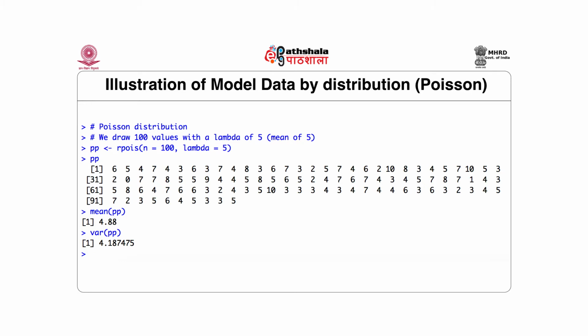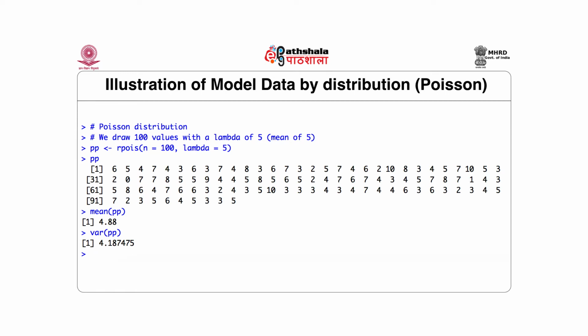We use a prefix of r, and then rpois, and we set n equal to 100, lambda equal to 5, and then we get as many events as we get to see. Again, if you take the mean of this, you see that the mean comes out to be 4.88, which if you round up is going to be 5.